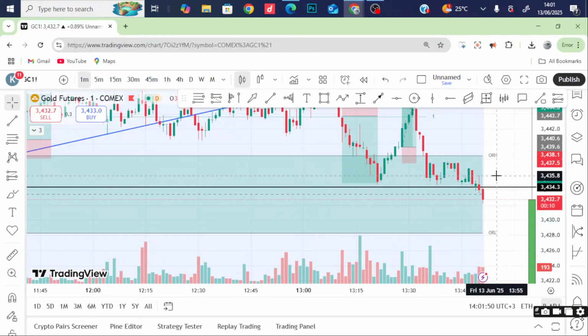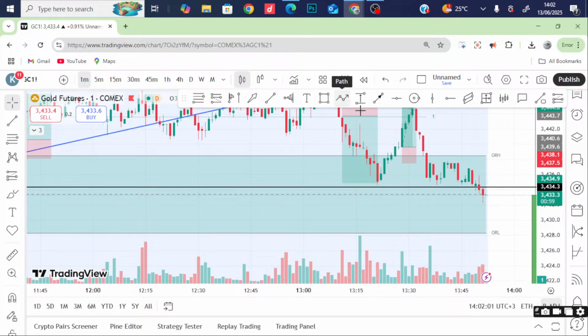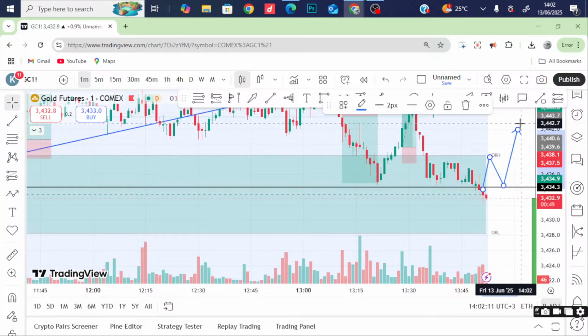It's creating a body with a wick, which shows there is a big rejection from this area. So you can see it's pushing back. So we'll wait for a pullback, then it breaks the ORB, and we are in for a good entry from here.